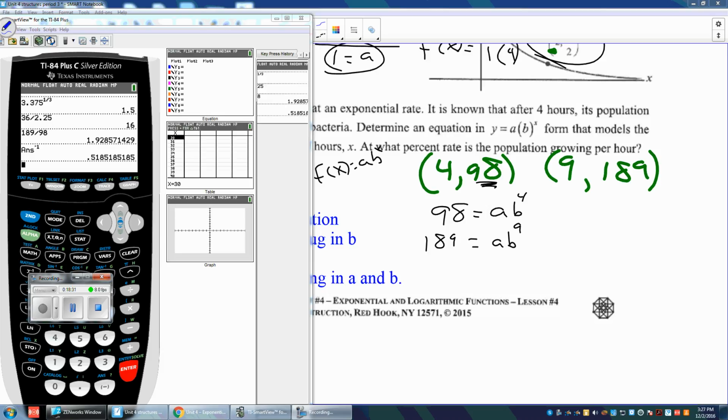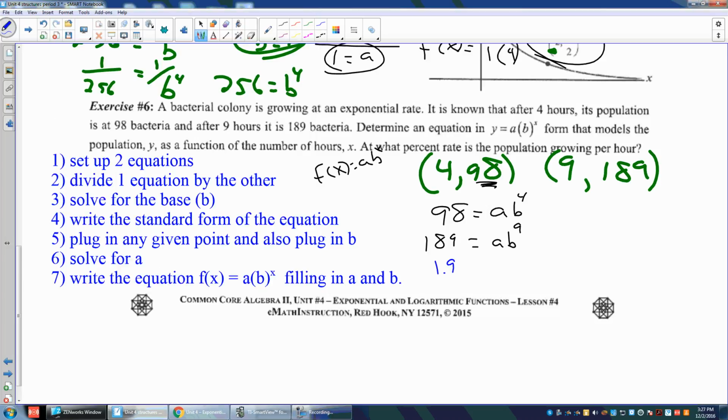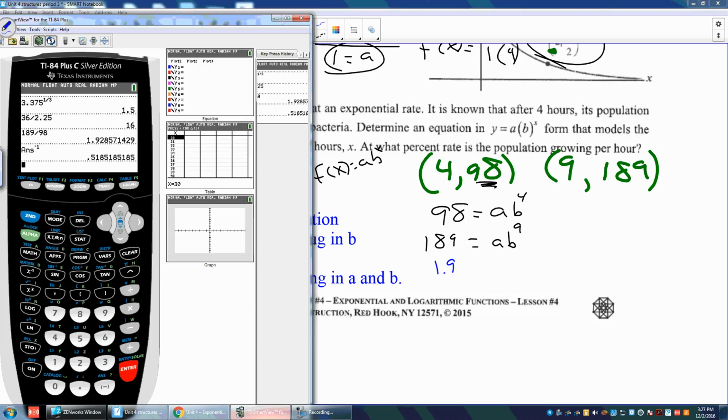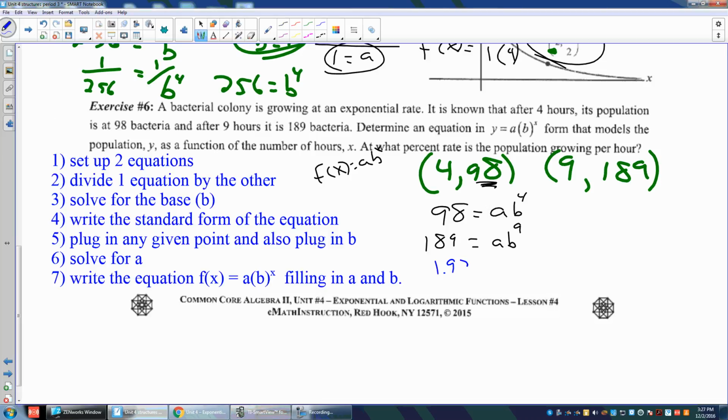I got 1.92857 when I divided the two. Equals, remember, a divided by a cancels out, but b to the 9th divided by b to the 4th is b to the 5th.